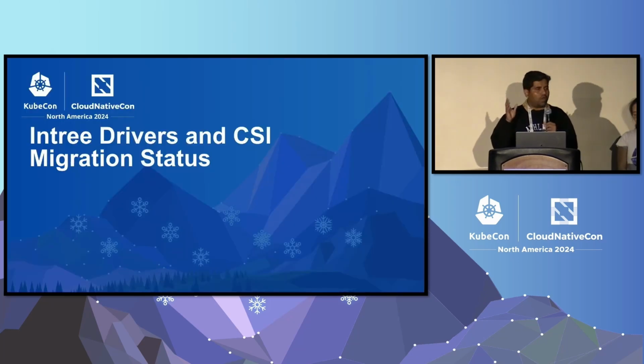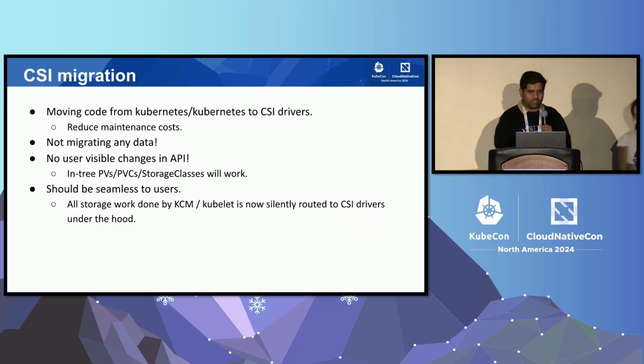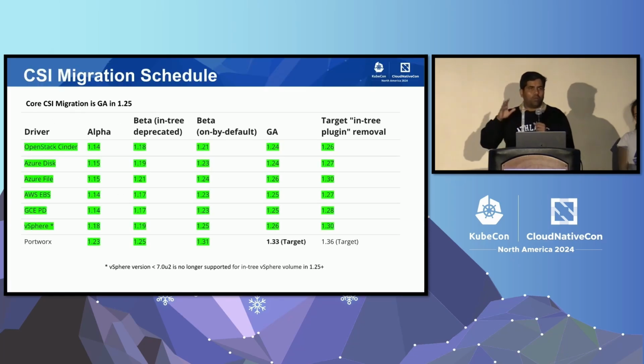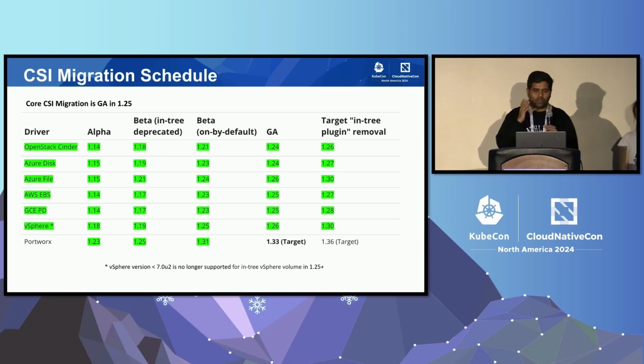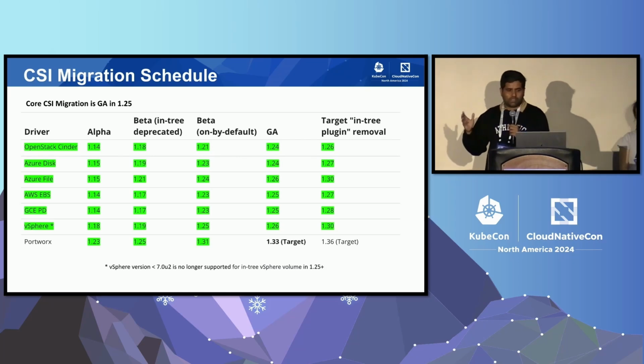And as you know, we have been doing in-tree to CSI migration. At this stage, I believe most cloud provider-based drivers have been migrated to CSI. We are hoping that we'll migrate the Portworx driver from in-tree to CSI in 133.